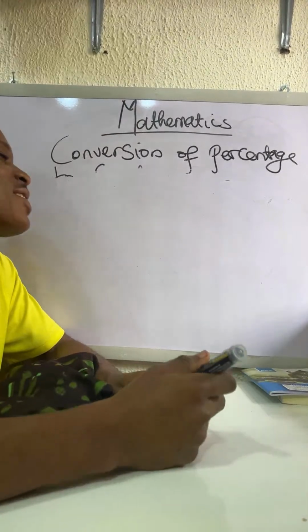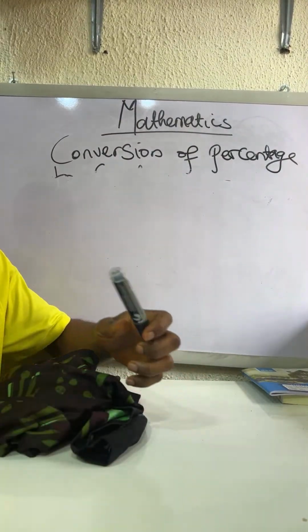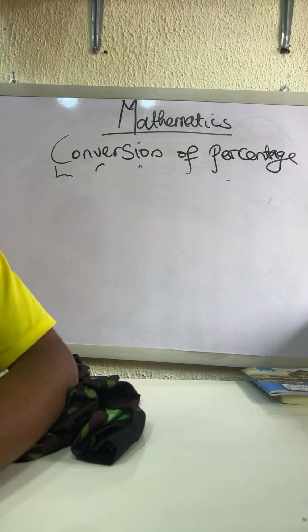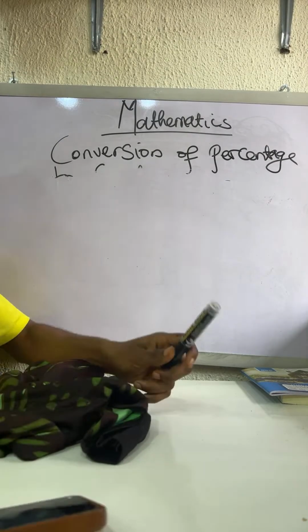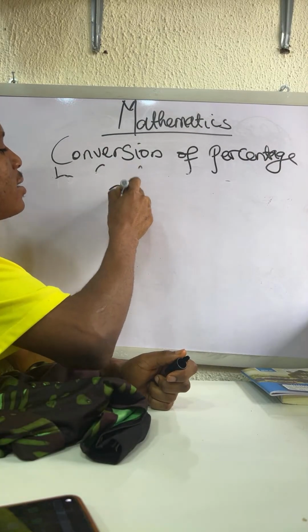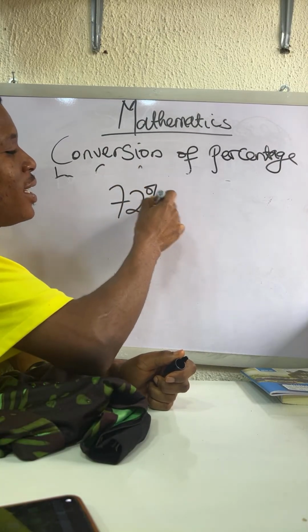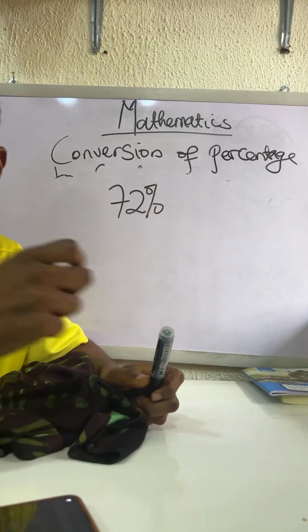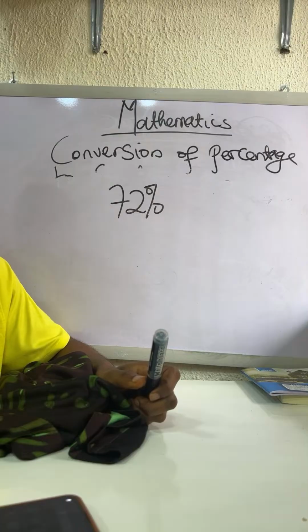Okay, let's look at the next one. We have 72%. What's 72%? 72 over 100.